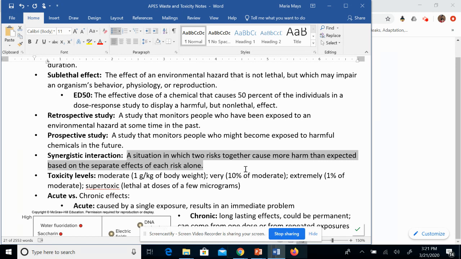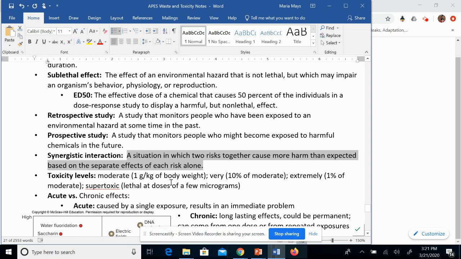Because the medication doesn't work as well when you're eating those things, we gave it to her at the end of the day when she was less likely to eat foods that have added iron in them. And that would be an antagonistic effect because the iron is antagonistic to the cefdinir. It's causing the cefdinir to not work properly.